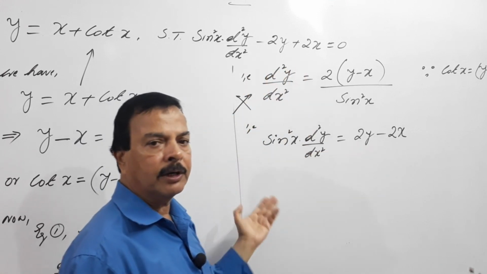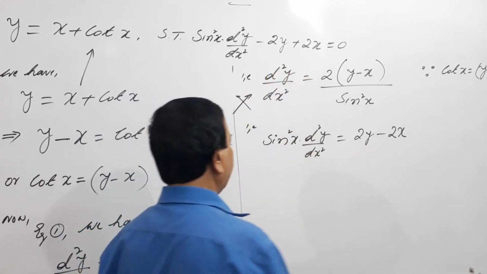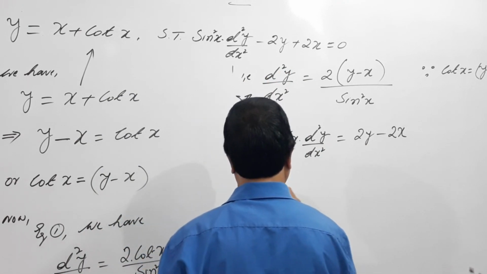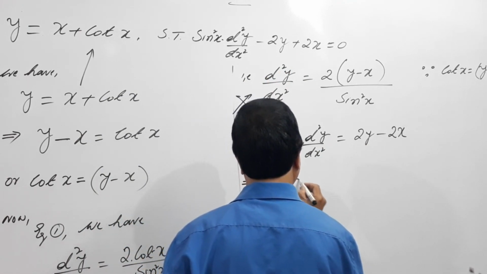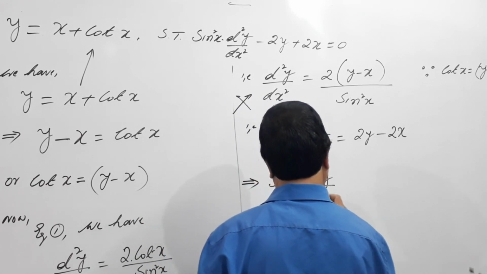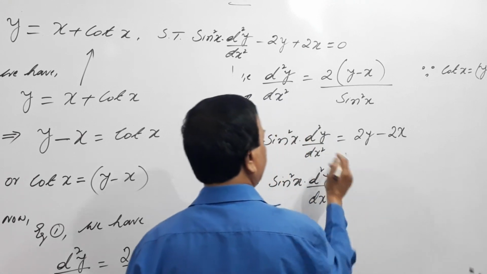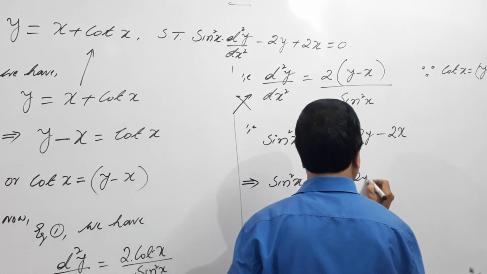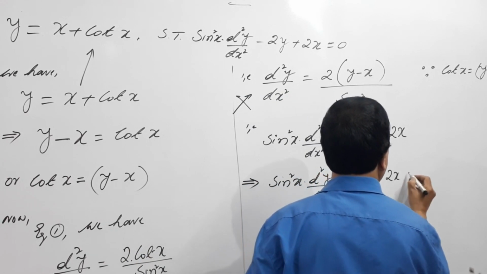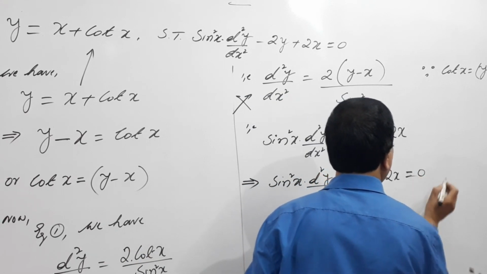I'll bring this expression to the left hand side. Which implies sin square x into d square y by dx square, this plus becomes minus here, 2y, and this becomes plus 2x, equals 0.